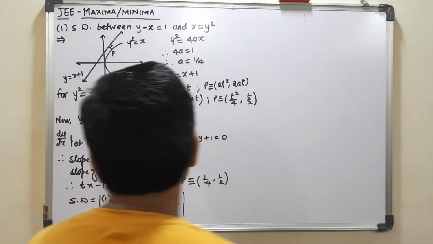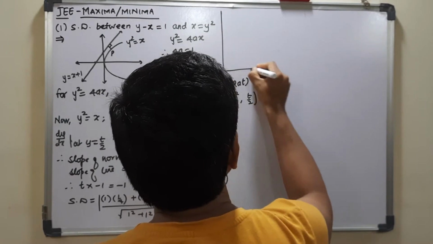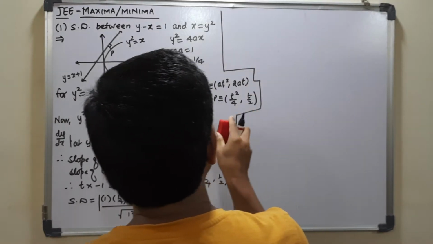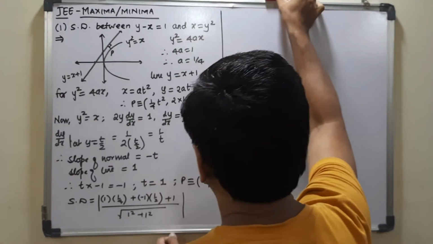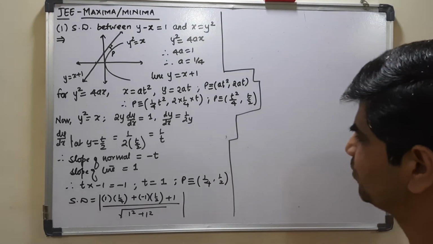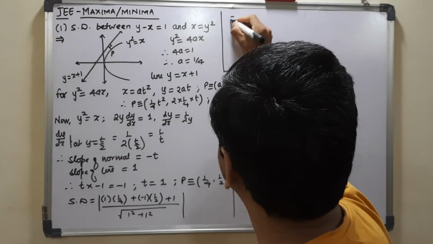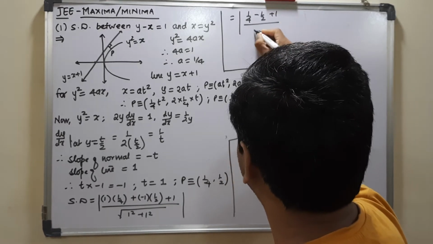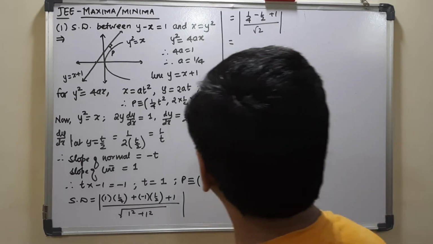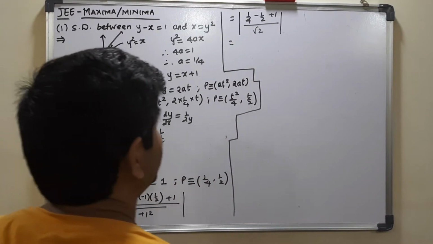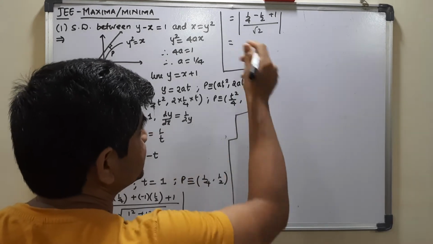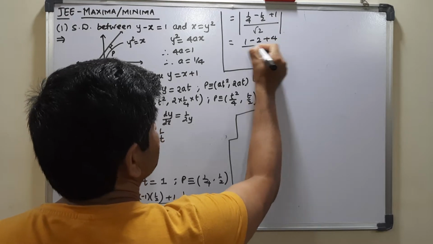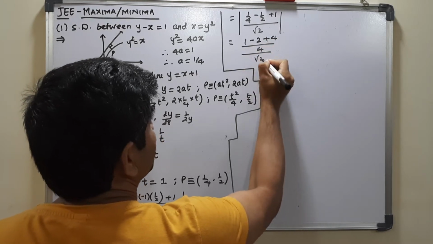So what you get here is, this will transform itself to modulus value of 1 by 4 minus 1 by 2 plus 1 upon root 2, which is nothing but, on solving, I will better solve it, 1 minus 2 plus 4 upon 4 root 2.